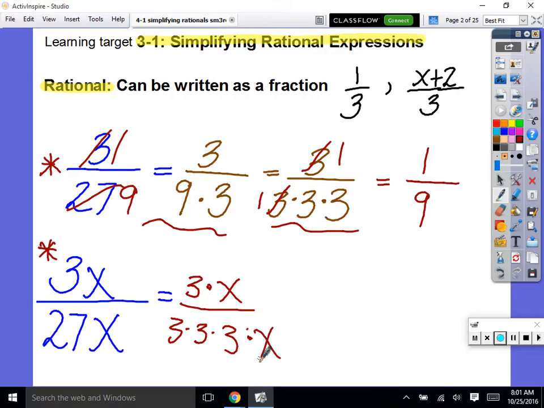So now we can divide out exact factors, just like we did in the previous example. 3/3 becomes 1/1. x over x becomes 1/1, correct? And now left on top is 1 times 1, which is 1. And left on bottom is 1 times 3 times 3 times 1, which is 9, correct? All right, so you guys see how this is kind of working a little bit. Okay, awesome.